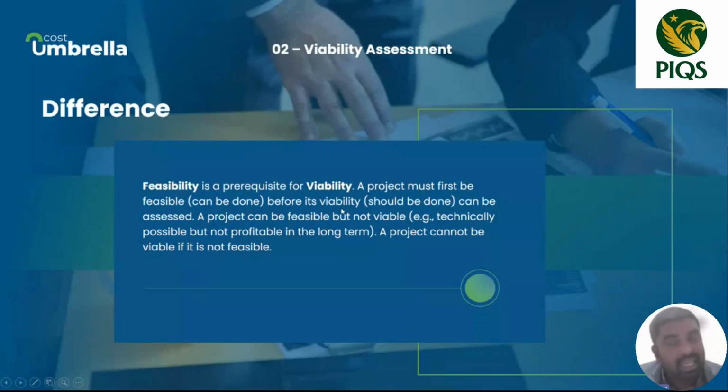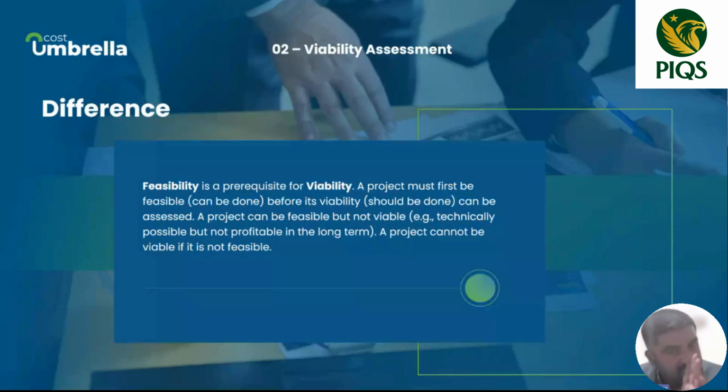So now you understand why we need a viability assessment in addition to the feasibility studies. If someone asks which is higher, I still have no answer. Both are required, guys. You cannot decide the success of a project by having only the viability assessment or only the feasibility assessment. You need to have both.